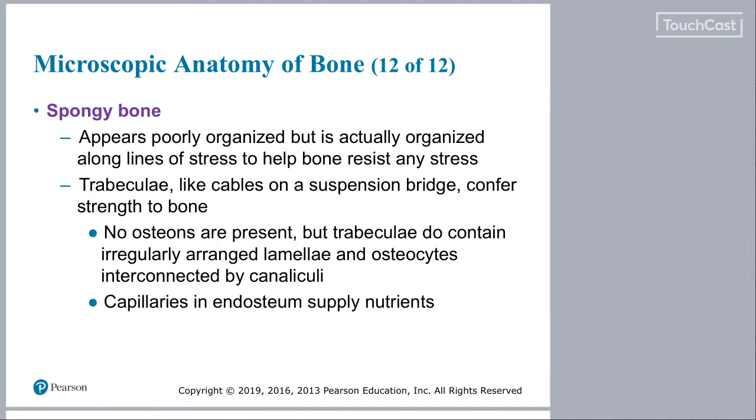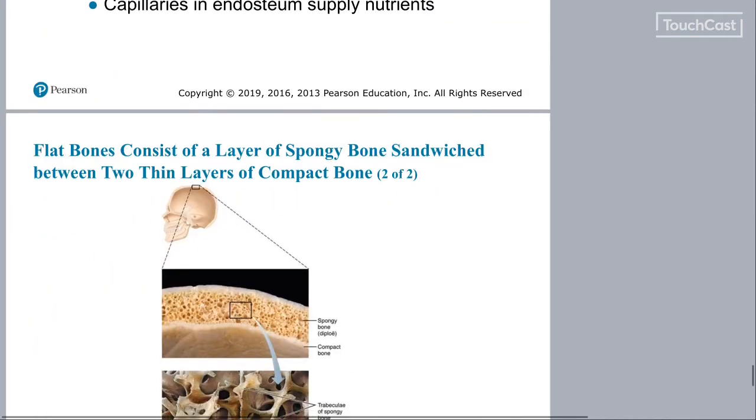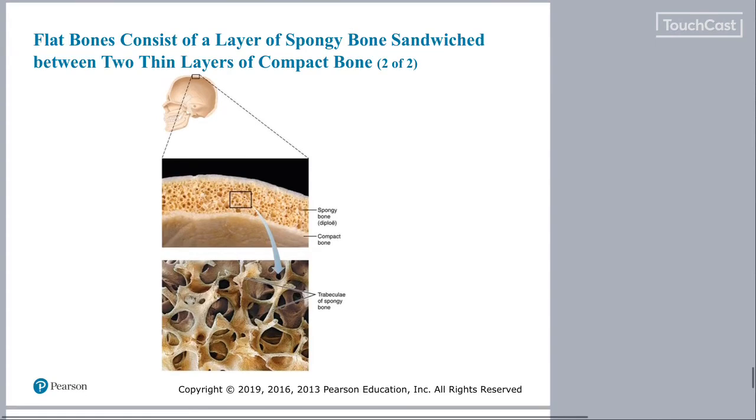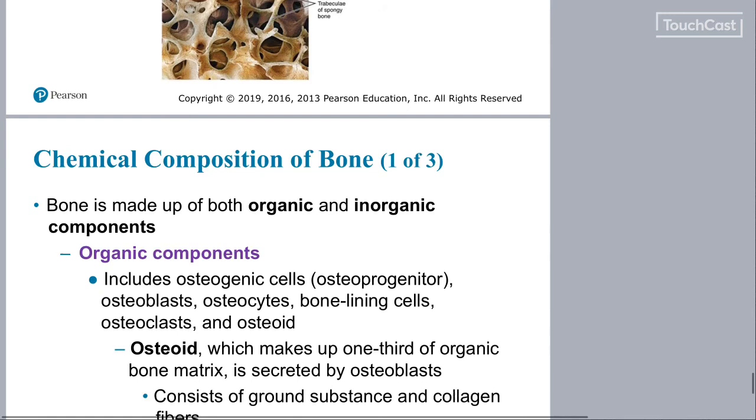Here we don't have any osteons, but the trabeculae do contain some lamellae and osteocytes that are connected by these little holes, or canaliculi. We also have capillaries in the endosteum that supply it with nutrients. You saw this previously, but these are the trabeculae, the spiky pieces of bone that act as a suspension bridge and line up along the areas of stress.